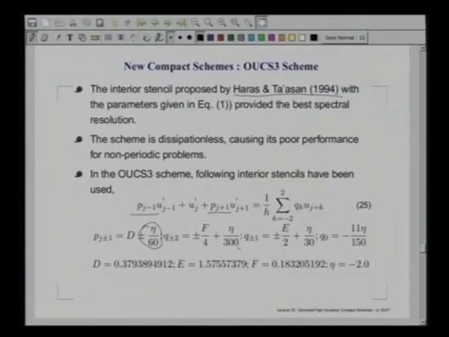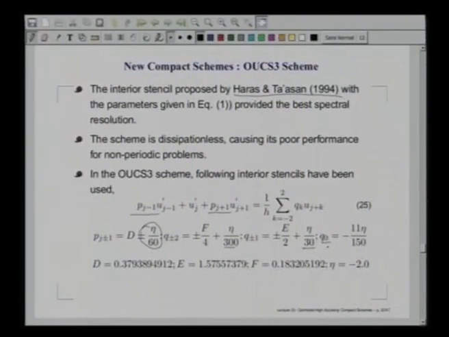And on the right hand side, the coefficients are all given. They also involve those upwind coefficients that you can see, and you also notice, since we are doing upwinding, we also need to have the point itself, and that coefficient is non-zero for an upwind scheme. And if we take eta equal to 0, q naught will be 0, and then we will end up with a central scheme, right.